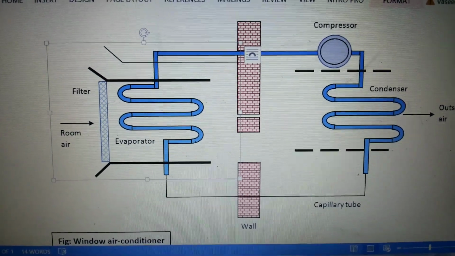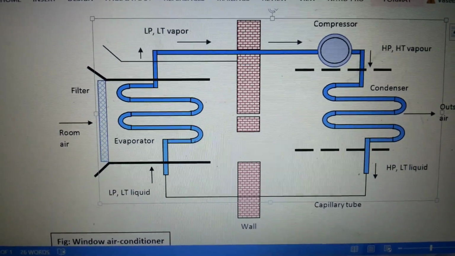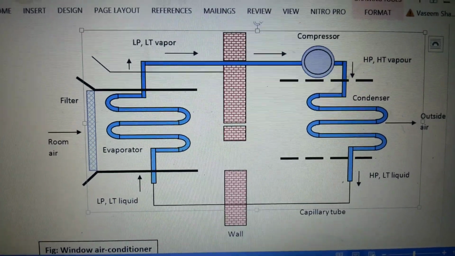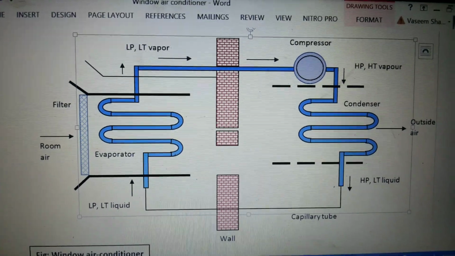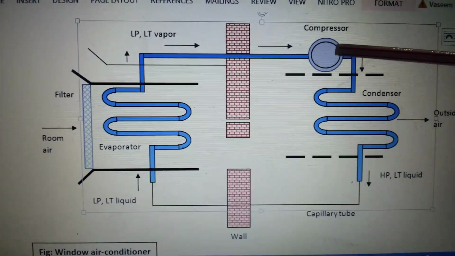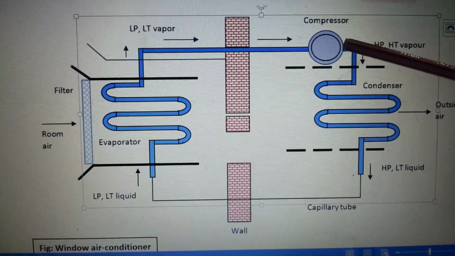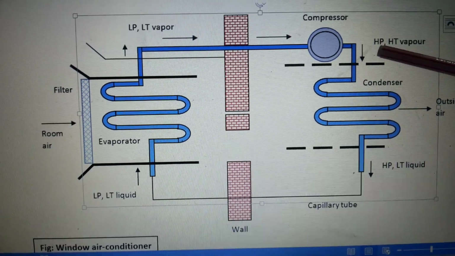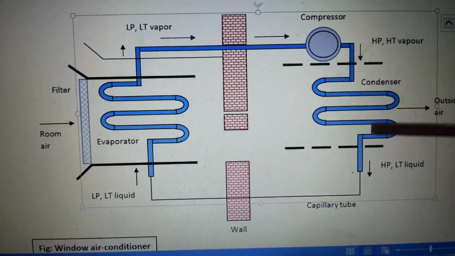Now I will show how the refrigerant travels and the different pressure and temperature of the refrigerant at different points. As you can see, when the refrigerant comes from the compressor, it has high pressure and high temperature and is in vapor form.